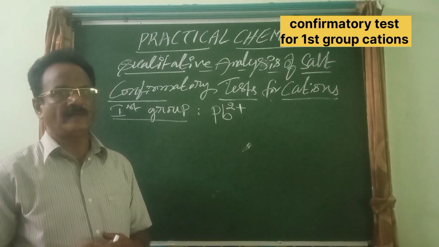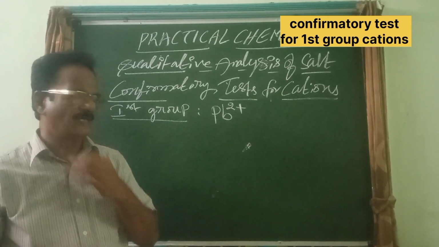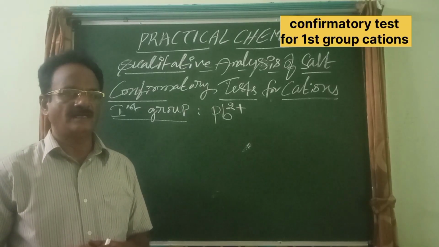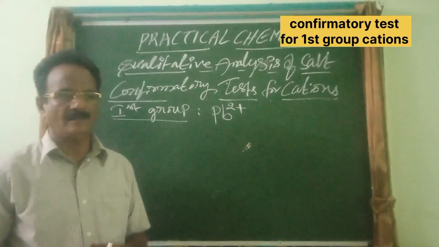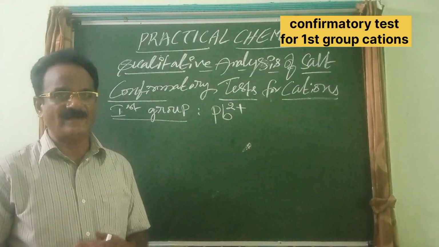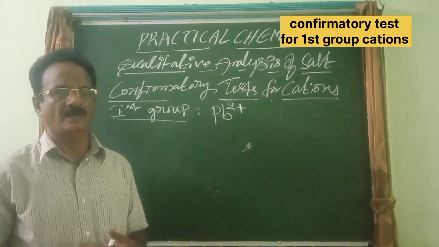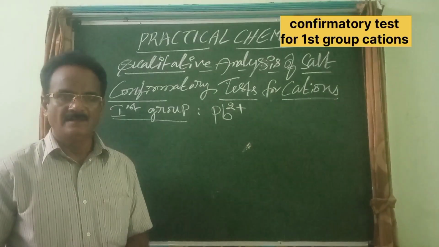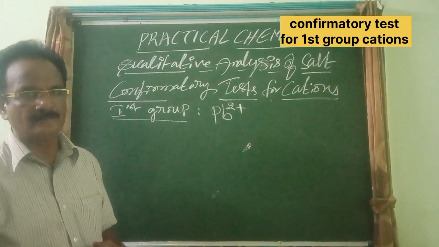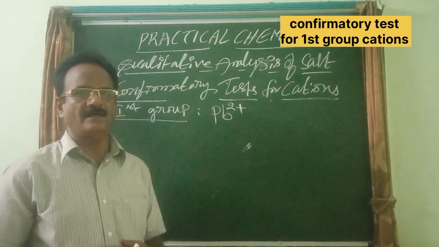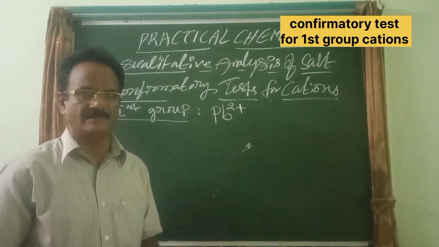After group identification of cations, one has to confirm the ion present in the salt. If one has identified first group cations in group analysis, then he has to confirm the presence of the particular cation in the given salt.